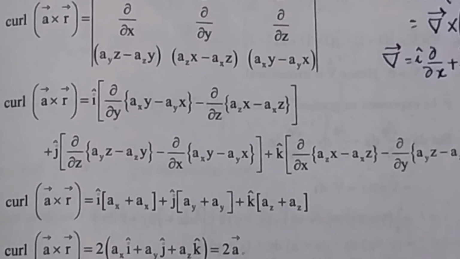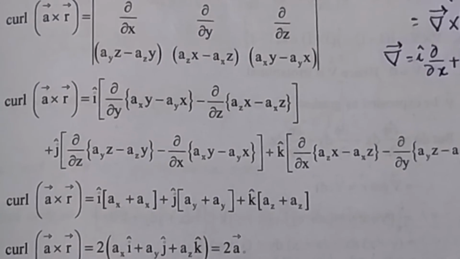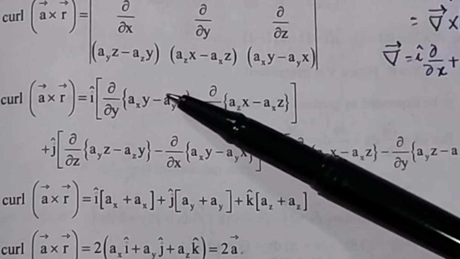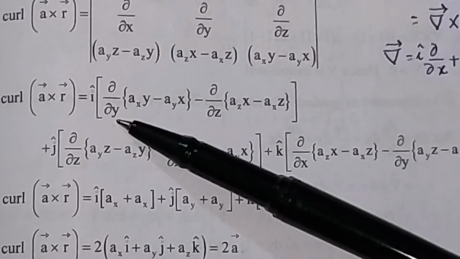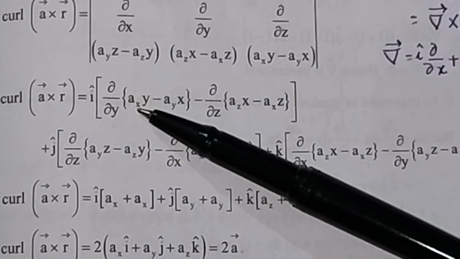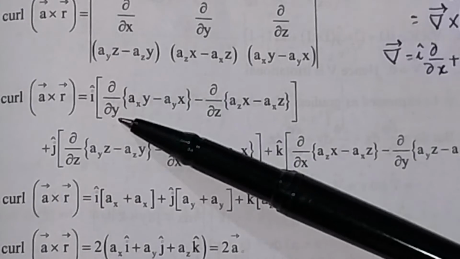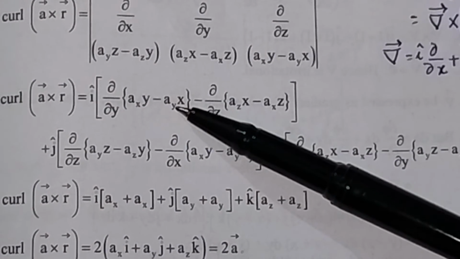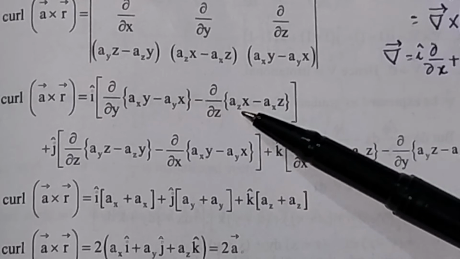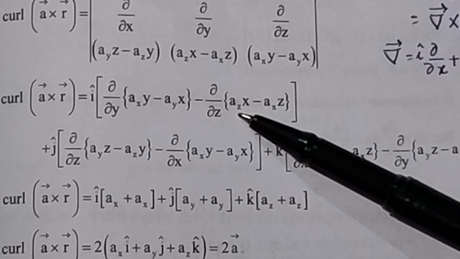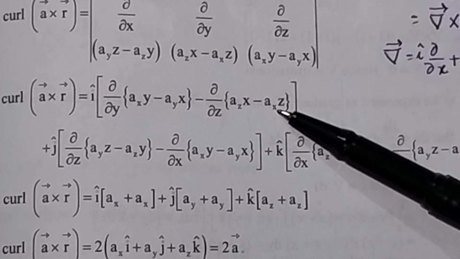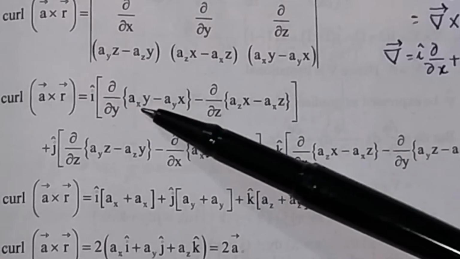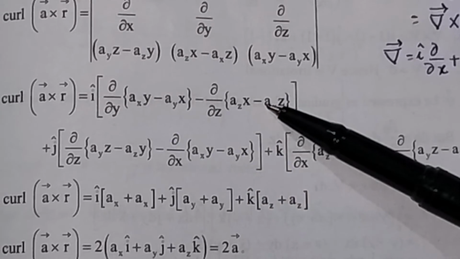If you find the partial derivative of this term with respect to y, you only have Ax for this term, because for the other term you have no y, so that will be equal to 0. And for this term it will be equal to Ax. So you have one Ax here and another Ax here.